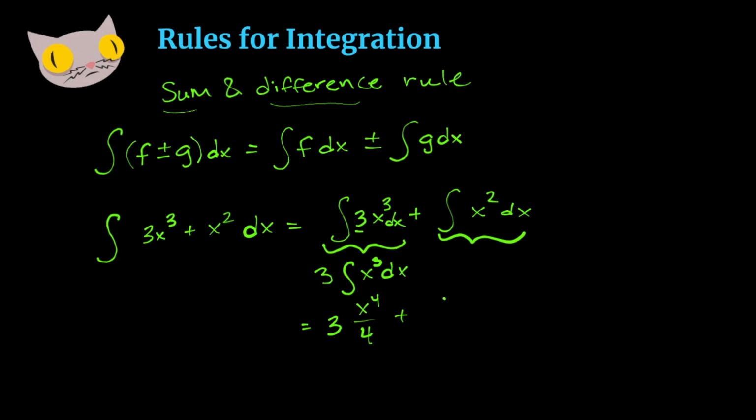That's going to give us x cubed over 3 plus c. And that's how you use the sum rule. And it's the same for the difference rule. If this was a minus, this would just be a minus.